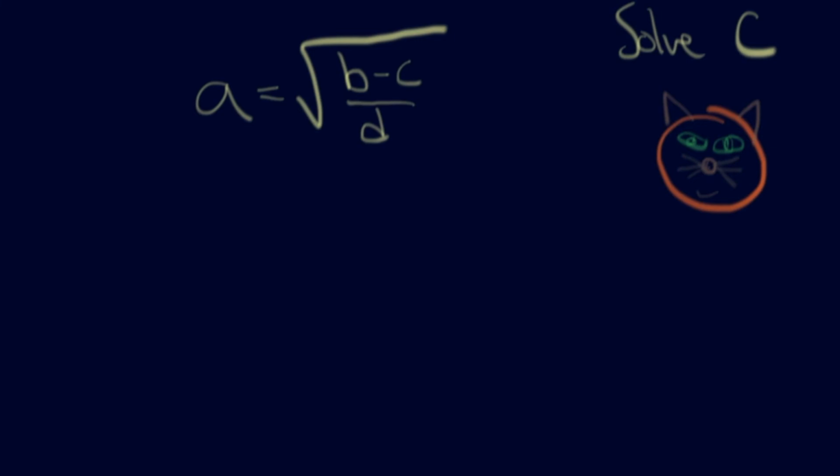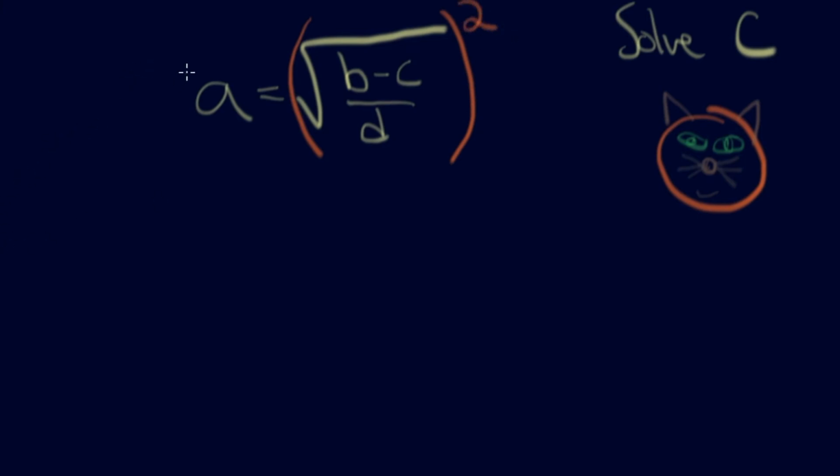So we're going to solve for c. Let's get back to the math. So solving for c, the very first thing is I want to get rid of this square root sign. So how do I get rid of a radical symbol? I'm going to do the opposite. And actually, let me use a different color to make this very obvious. I'm going to do the opposite, which is squaring something.